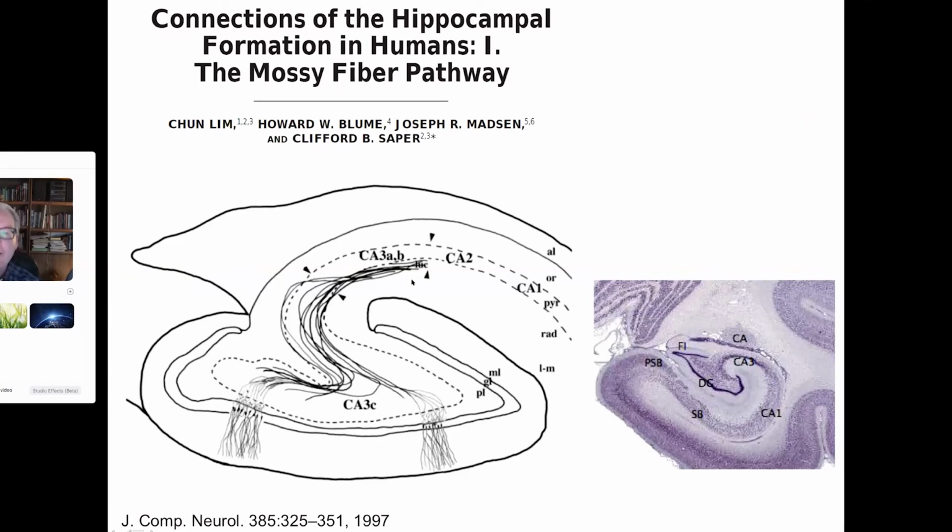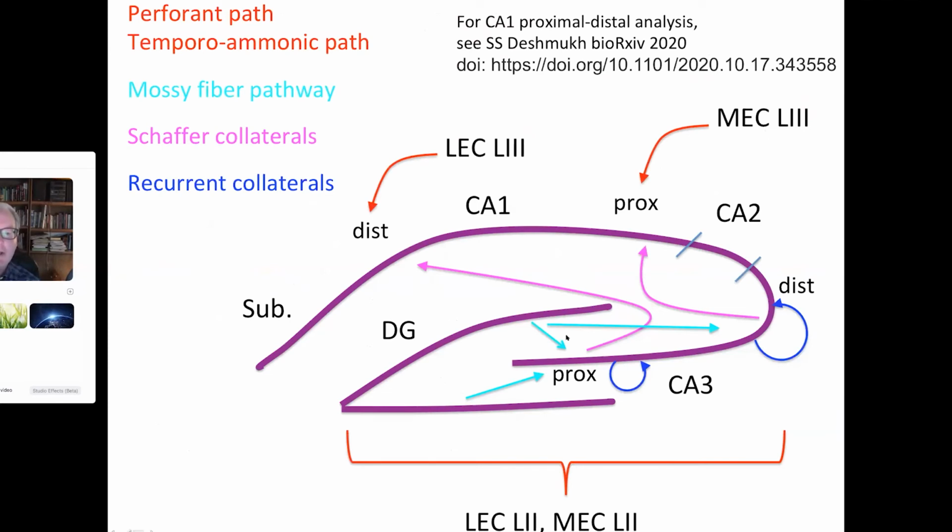Now that has some interesting implications. If proximal CA3 is doing primarily pattern separation with the dentate, it sends a pattern separated output to the part of CA1 that is connected to the lateral entorhinal cortex stream.